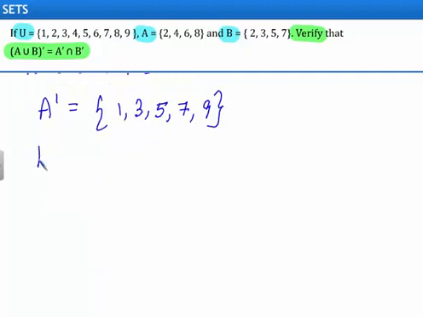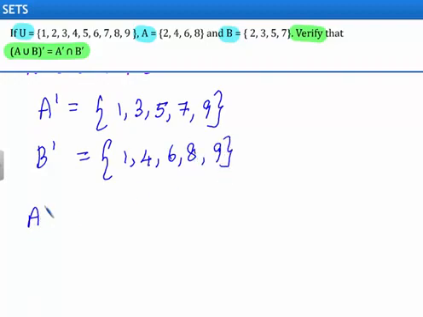Next we need to find complement of the set B. This will be equal to set of all elements which are in the universal set but not in the set B. They are 1, 4, 6, 8 and 9.